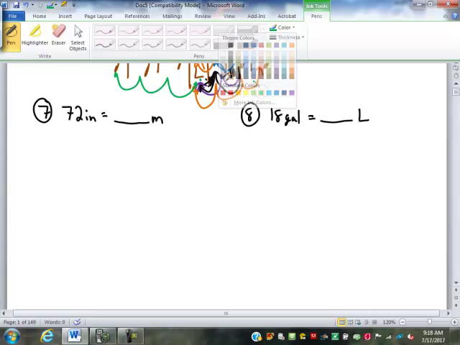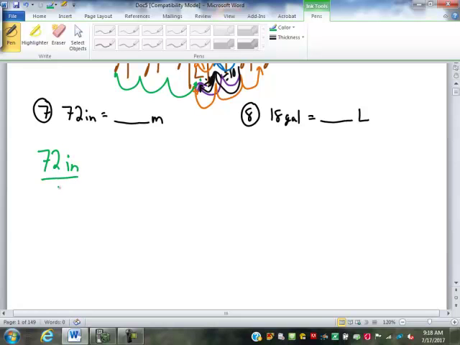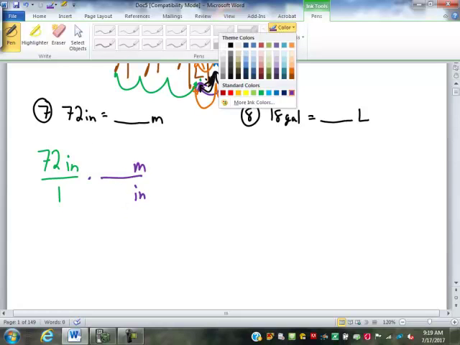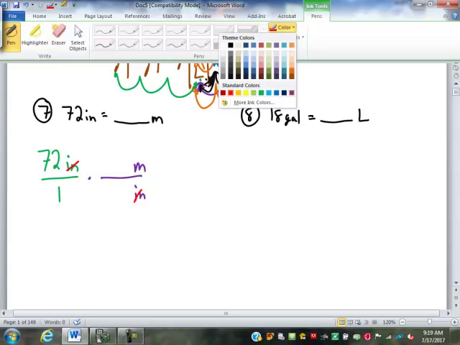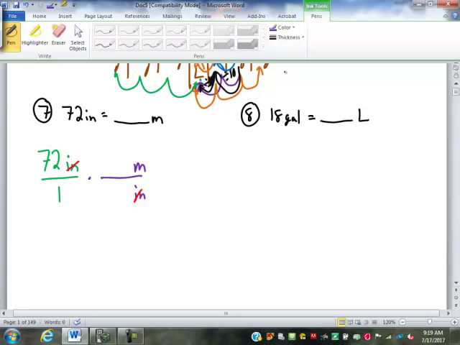So we need to convert, here we got 72 inches. I'm going to set that up as 72 inches over 1. In our conversion factor, we need to put inches on bottom and meters on top. Inches have to go on bottom because that's what we're getting rid of. So the inches are going to cancel out. We look over here in our US length. We've got 1 inch is 2.54 centimeters.